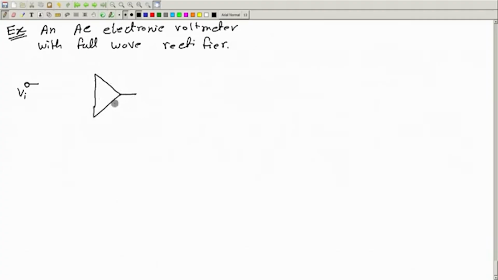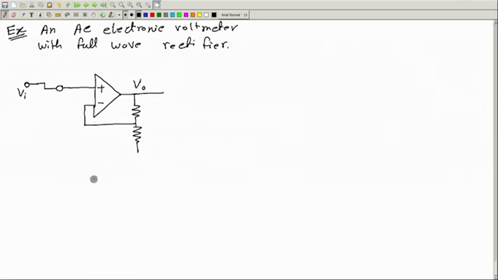I'm taking a non-inverting amplifier, so I give negative feedback: a fraction of the output goes to the minus terminal. This is the input of the amplifier, so I can connect the input voltage here. This is the output of the amplifier, VO. This is grounded. If the input is AC, then the output is also AC, and if this is R2 and this is R1, then you know that VO is given by 1 plus R2 by R1 times Vi.